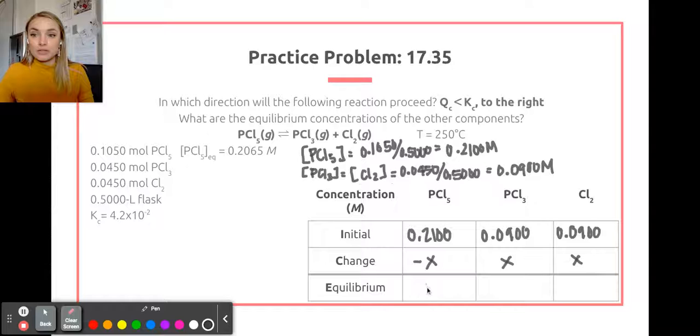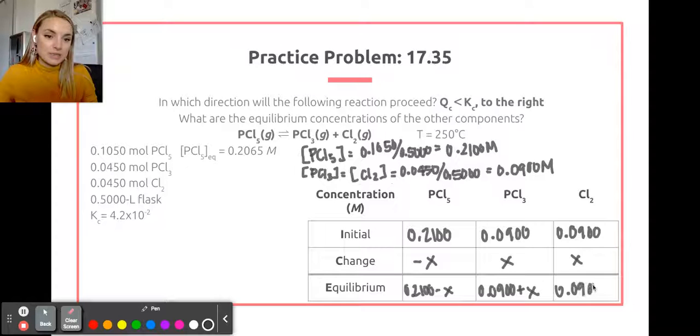So now I can fill out my equilibrium row. I have 0.2100 minus X and 0.0900 plus X and 0.0900 plus X. Because I have been given my equilibrium concentration of PCl5, I can use this value combined with this expression to solve for X. And when I solve for X, that will allow me to then calculate the concentration of PCl3 and Cl2 at equilibrium.